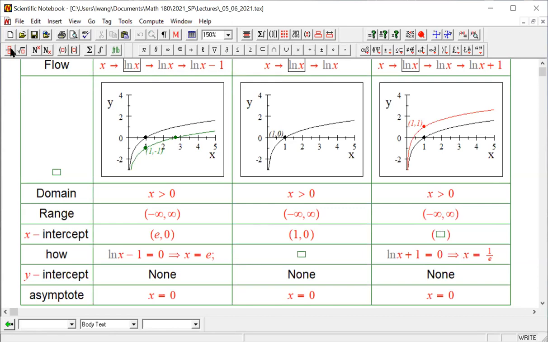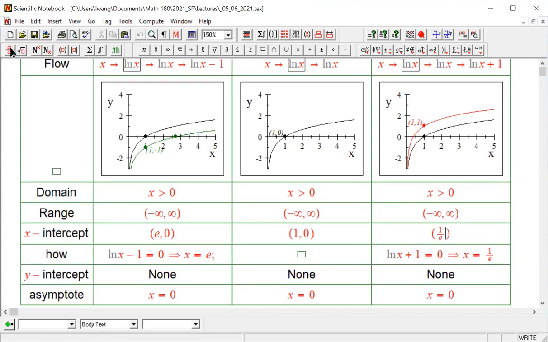So the point here is 1 over e comma 0. So when you mark this point, this green dot, which is the X-intercept, and this red dot, let's mark them together, shall we?